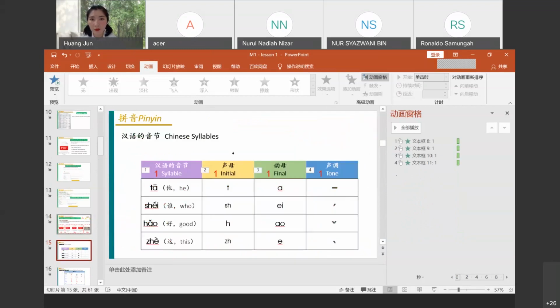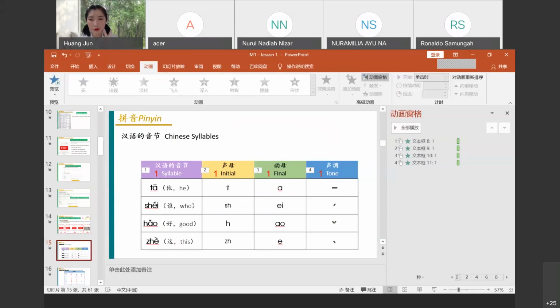The last time in our class, we also introduced the syllable in Mandarin, pinyin. Like these 4 examples, 他, 谁, 好, 这. Each syllable has one initial, one final, and a tone. Initials are normally the beginning letter of the syllable.